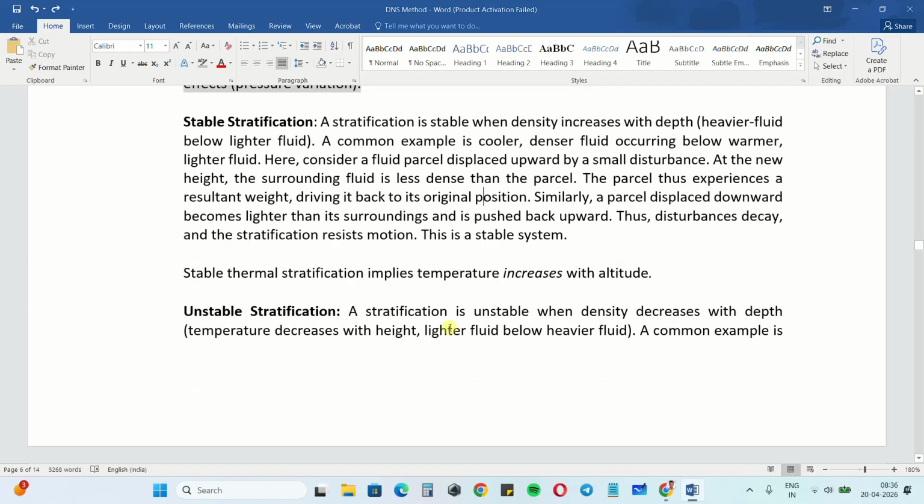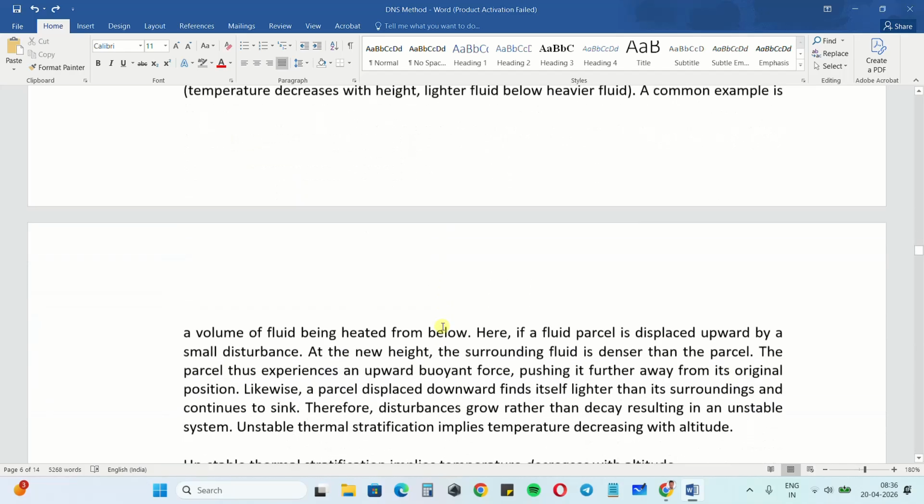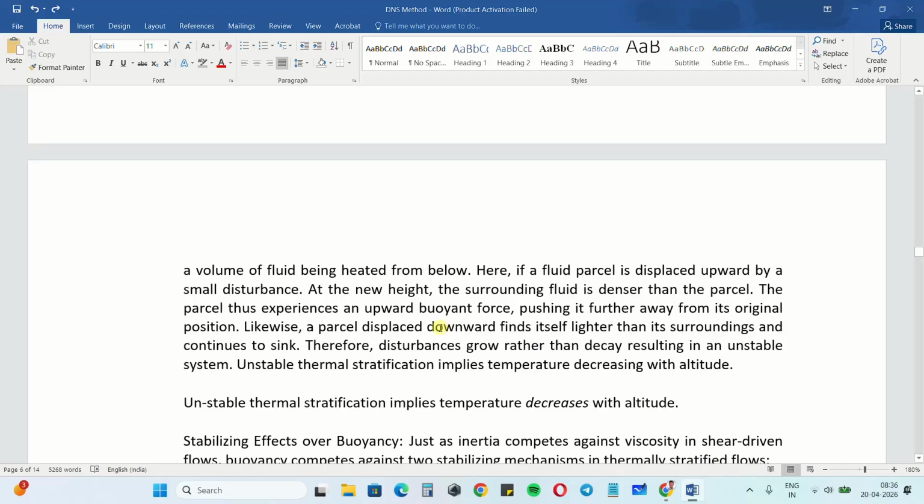Vice versa, in the unstable stratification case, if you consider the fluid parcel, there you have temperature decreasing with altitude, so that's similar to a hot pan. You have higher temperature near the pan, and as you rise up the temperature decreases. So if a fluid parcel of some density tries to go up, the temperature there is lower, which means the density is higher in the upper region.